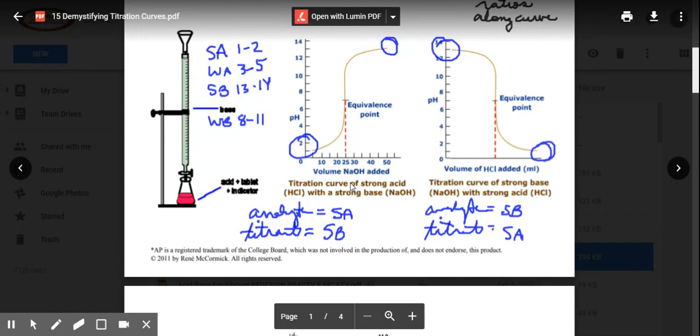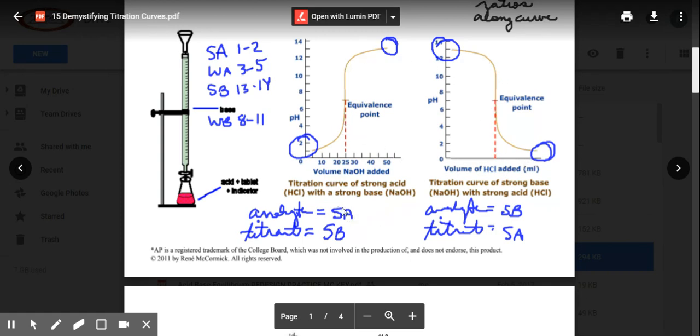Equivalence point. How do we figure out the equivalence point? Well, you see that all titration curves have a general portion in which it doesn't really increase much, and then it spikes, whether it's an up spike or a down spike, and then it levels off again. You see this one is just opposite of this one.